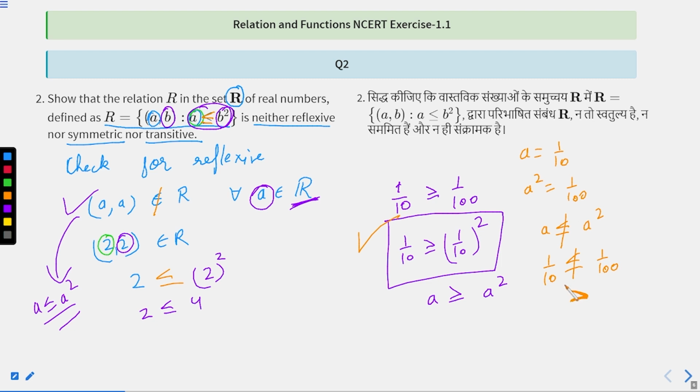Okay, I hope the reason is very clear to you. So this relation is not reflexive, as given in the question we needed to show. So we showed that it is not reflexive.